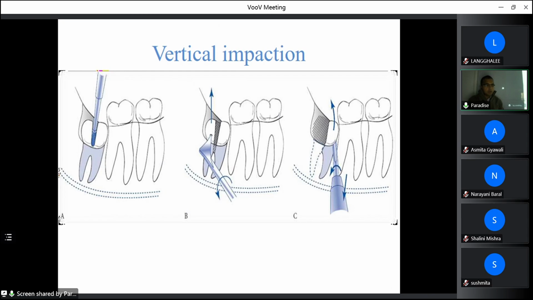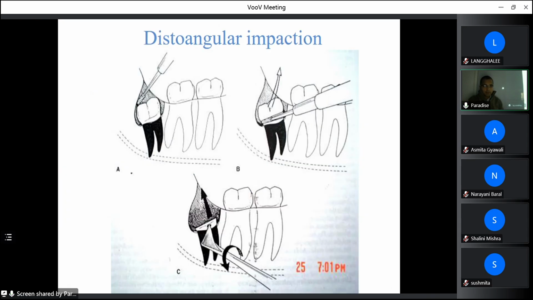You remove the distal root first, followed by the mesial root. In case of distoangular impaction, again, after buccal guttering, you have to section the crown. You give the osteotomy cut at the level of the cementoenamel junction. Then you remove the crown. After the crown is removed, you can remove the roots, first mesial or distal, followed by the other one.